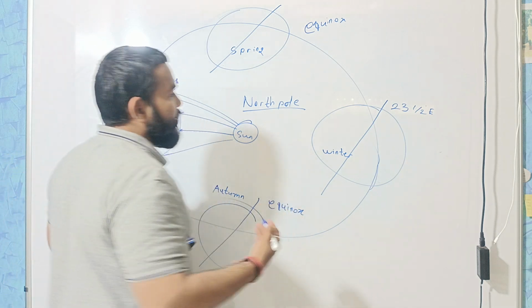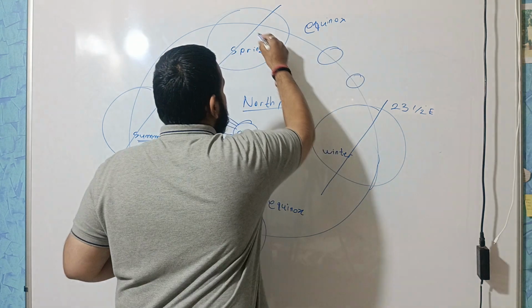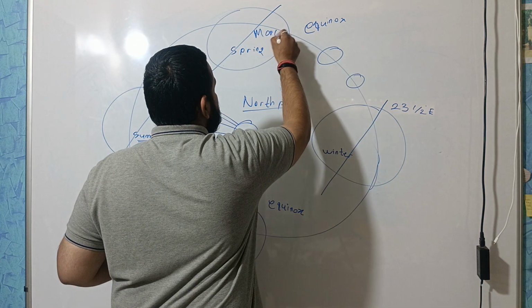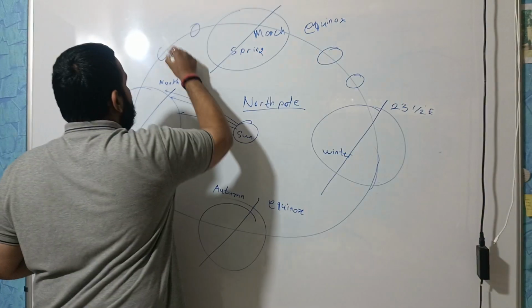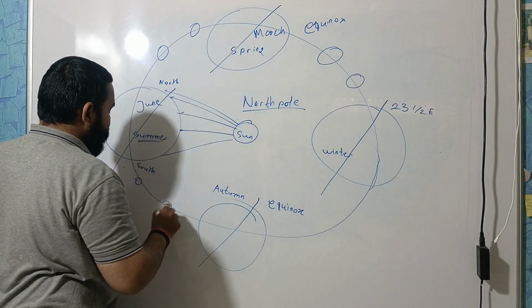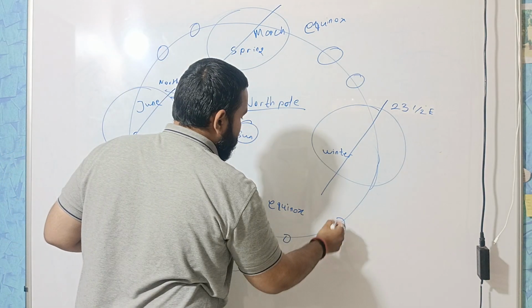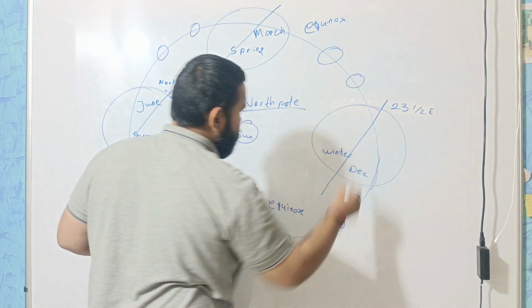So how can you remember this? A simple funda: January, February, March, April, May, June, July, August, September, October, November, December.